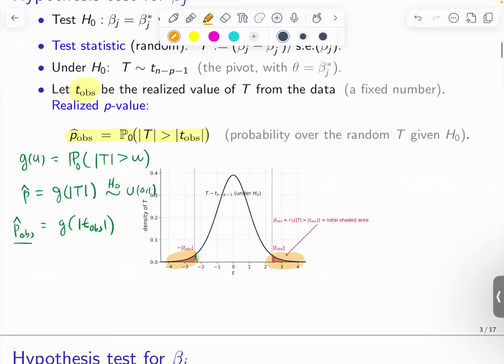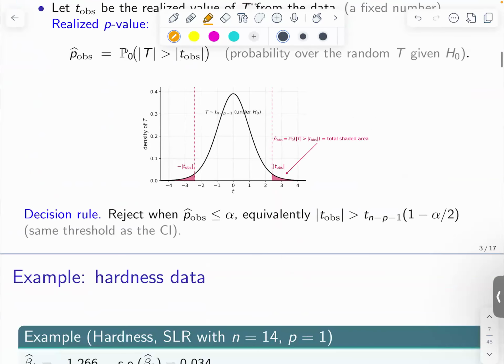So far so good. That's how we calculate the p-value, and then the decision rule is to reject when p hat, the observation, is less than or equal to alpha.